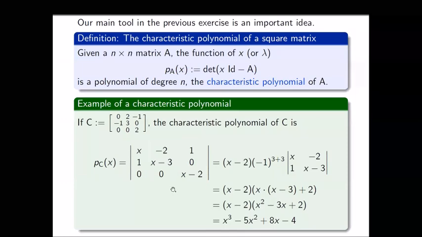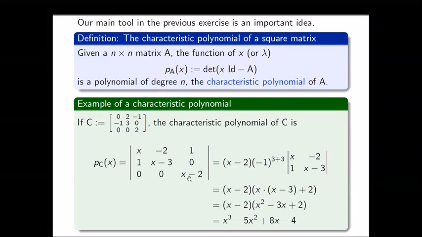So to compute the determinant of x times identity minus C, we can just use the cofactor expansion along the third row. So we get (x minus 2) times (minus 1) to the 3 plus 3, and the submatrix we get upon deleting the third row and the third column is x minus 2, 1, x minus 3.